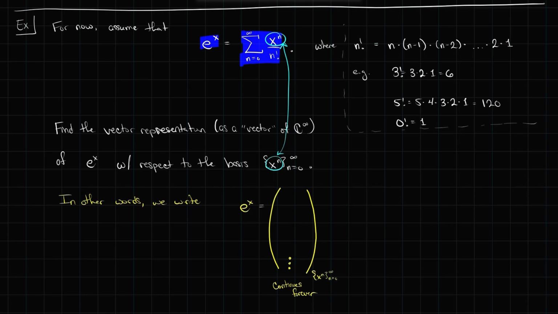So what needs to go into the column is this is the coefficient when n equals 0. This is the coefficient when n equals 1. The coefficient when n equals 2, and so on. And so it shouldn't be too bad. Let's just actually write out this summation explicitly.